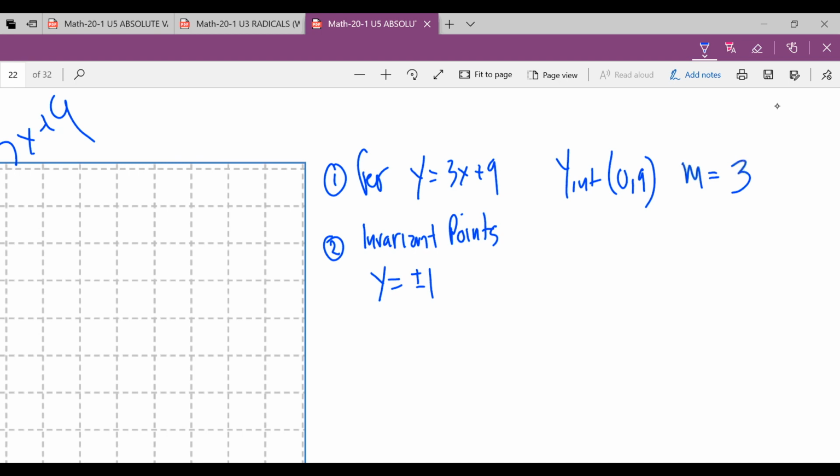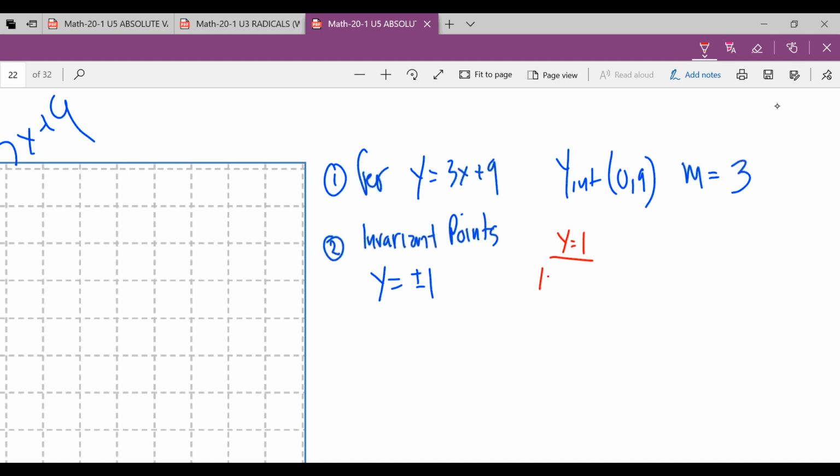You can take that to the bank this year. Next year, things will change a little bit. It gets more complicated, but right now, invariant points are at y equals plus or minus 1. So for y equals positive 1, what we're doing is substituting y equals 1 into the original function right there.